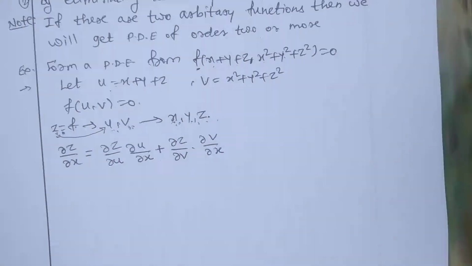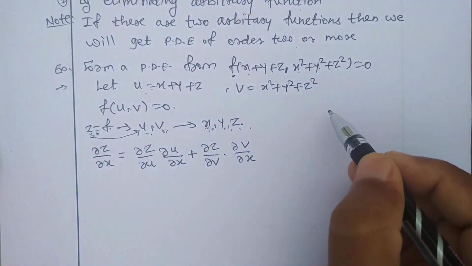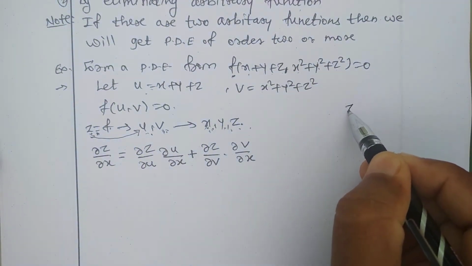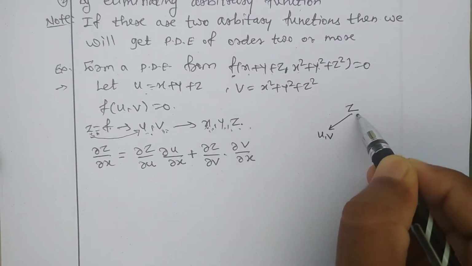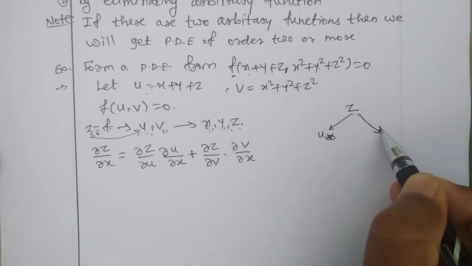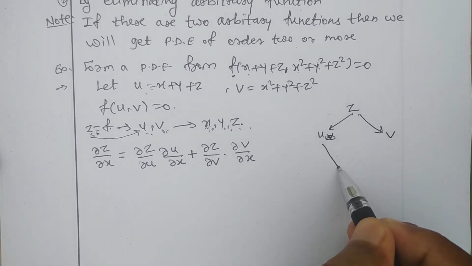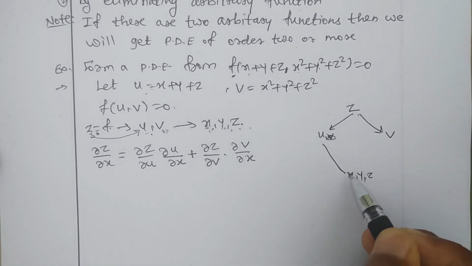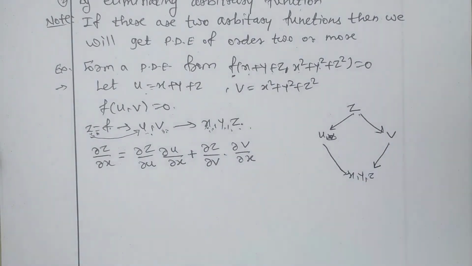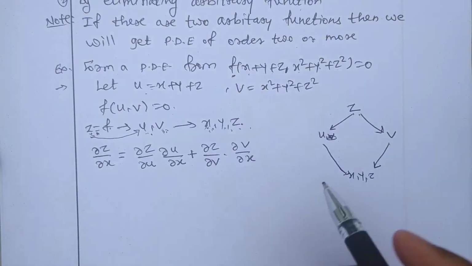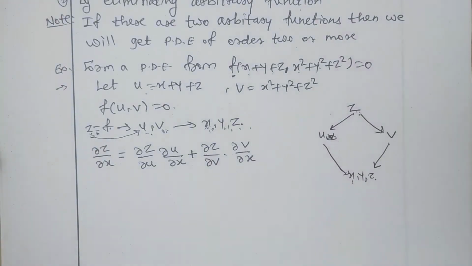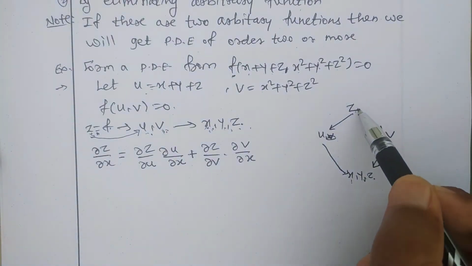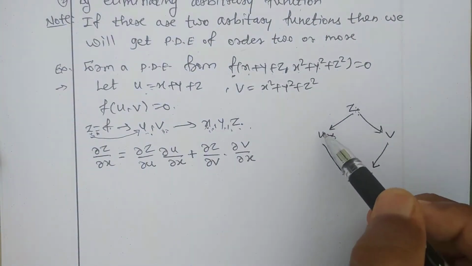Let me explain in another way. Z is a function of u and v, and u and v both are functions of x, y, z. We have to calculate the derivative of z with respect to x, with respect to y, and with respect to z. So how do we reach x from z? You have to calculate ∂z/∂u.